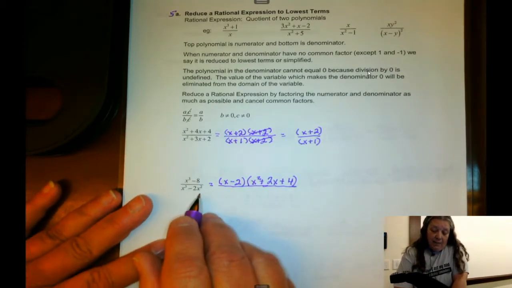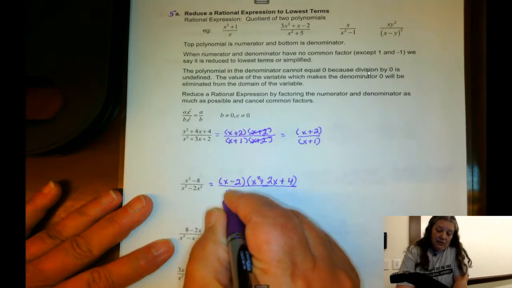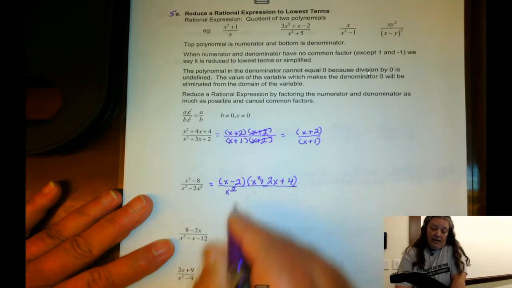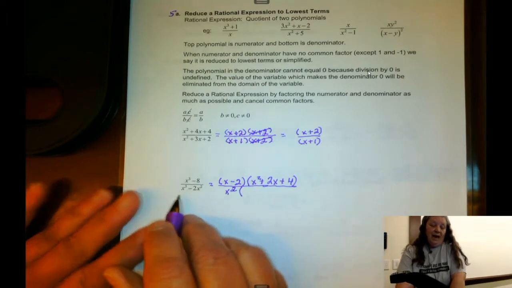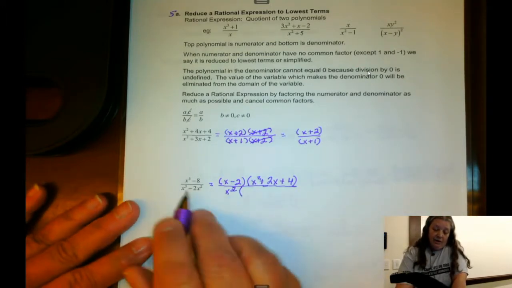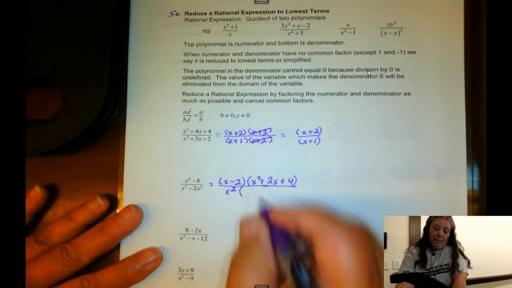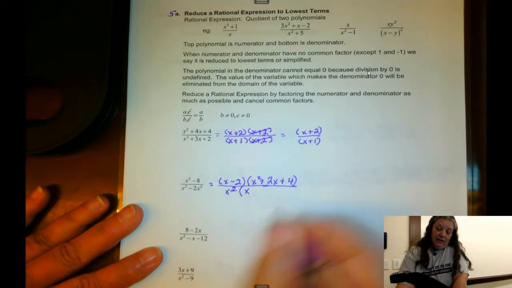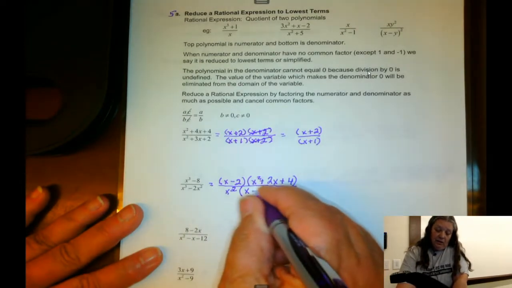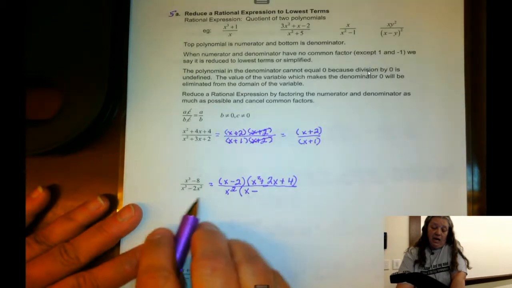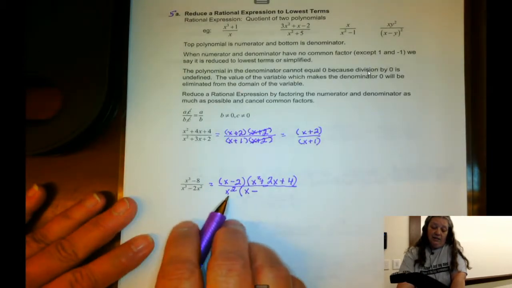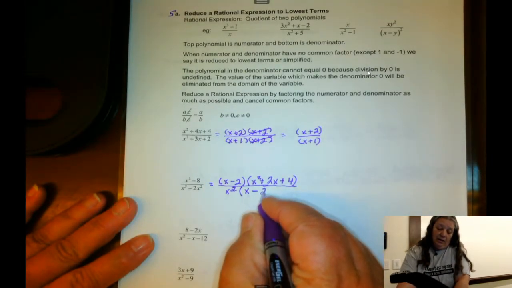Now, in the denominator, we have a common factor. Both terms have an x squared in them. So if we factor out the x squared, x cubed divided by x squared gives us an x. Carry over the sign, 2x squared divided by x squared gives us a 2.